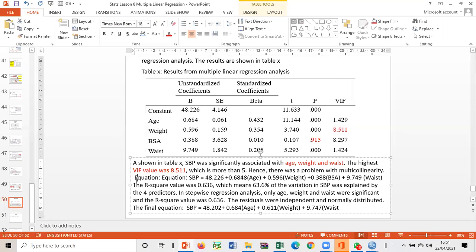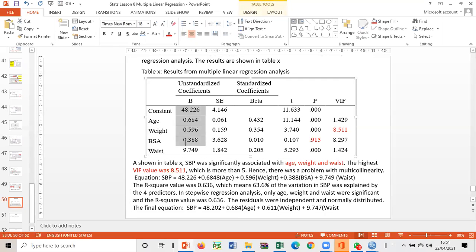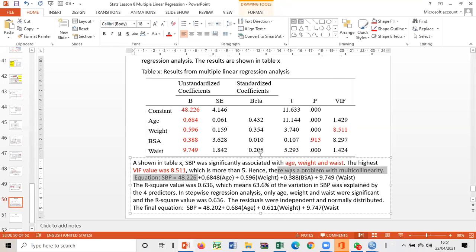We still have to write the initial equation. Write the equation according to this. Right? So write it. Here you don't have to mention that for every unit increase in age, BP goes up, no need. That is for us to interpret.